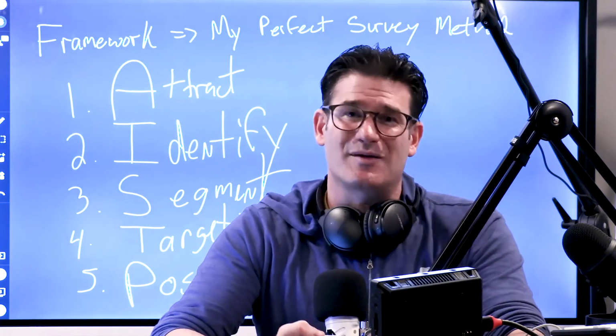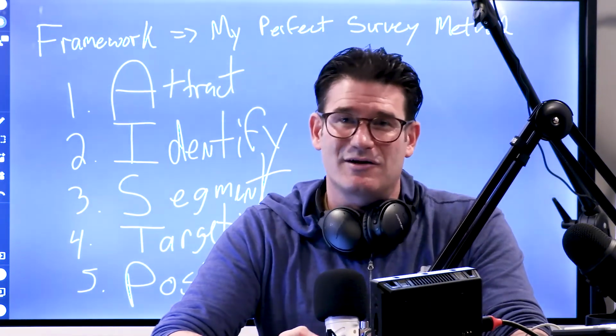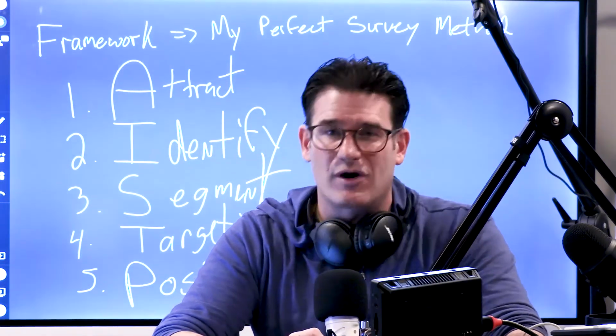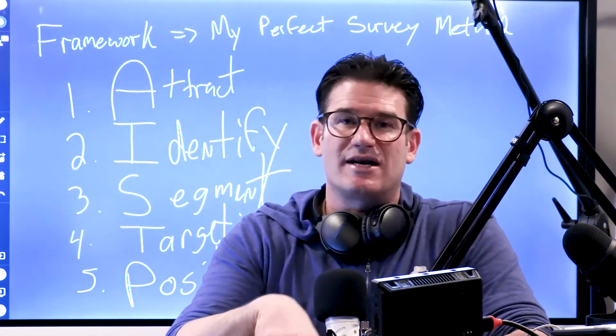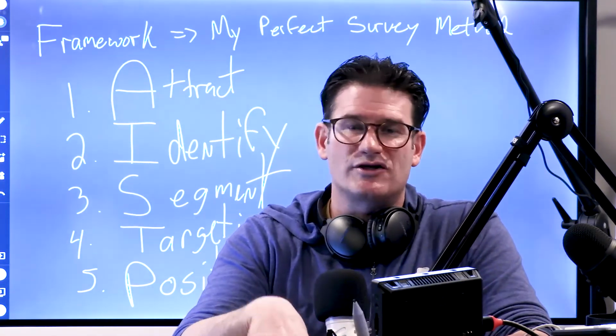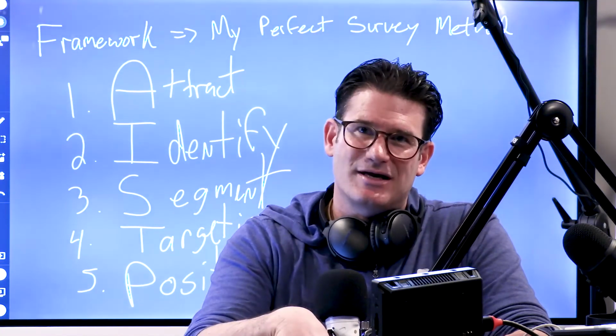No greater feeling than listing your house and 24 hours later you sold it, rather than listing your house and it sitting on the market for 6 to 9 months, and now you're starting to doubt yourself and lower the price, right? People want people bidding to get the highest price in the shortest amount of time. So you would focus on something with a hook around that concept, right?